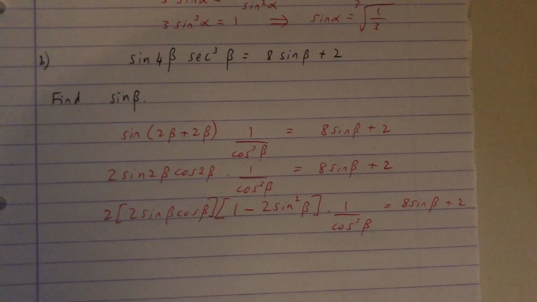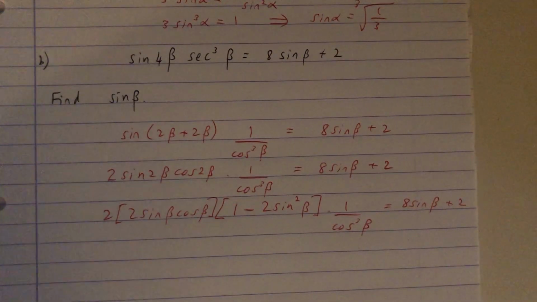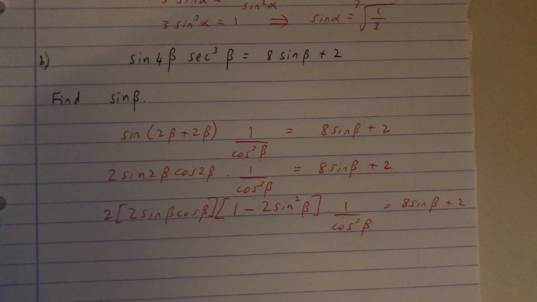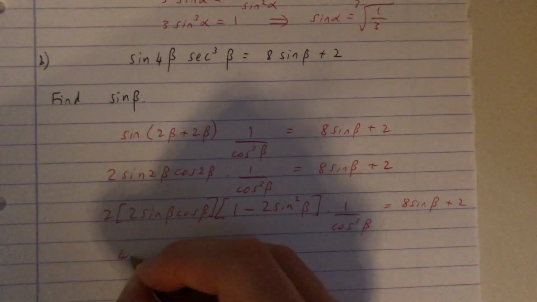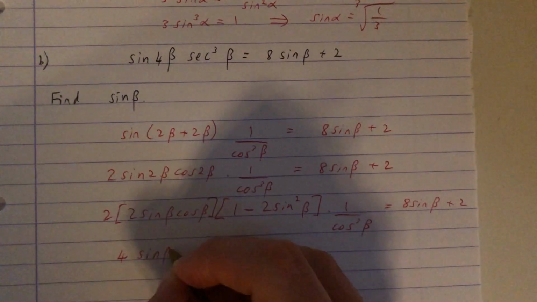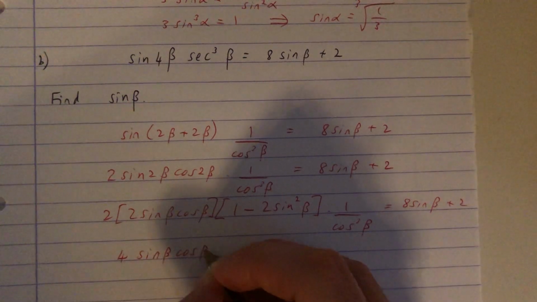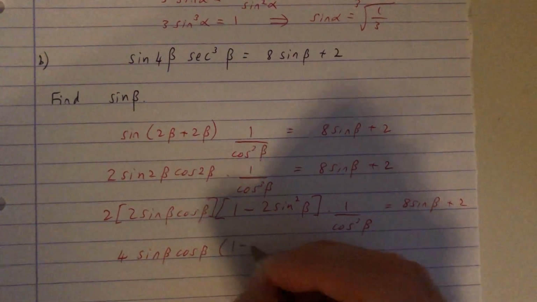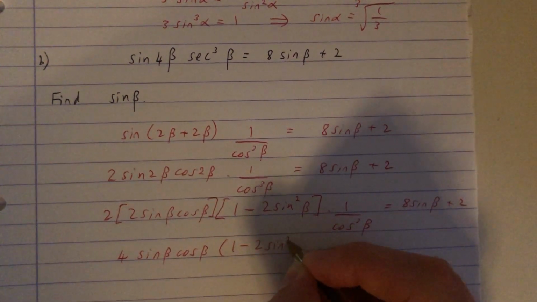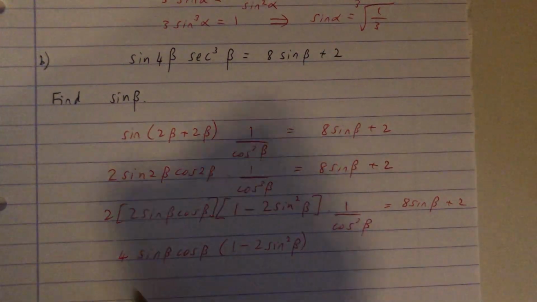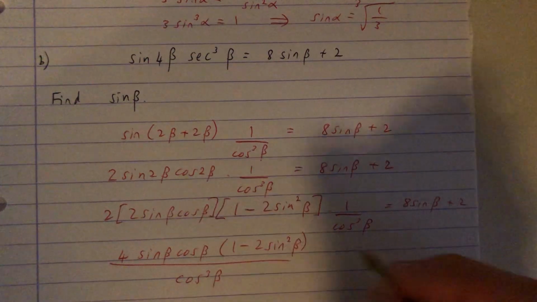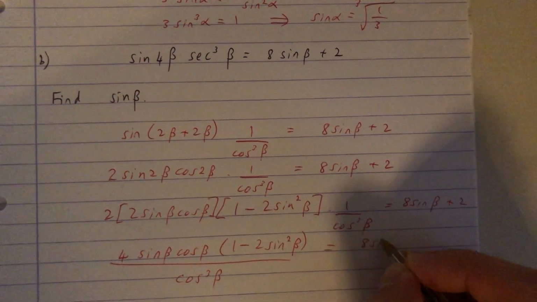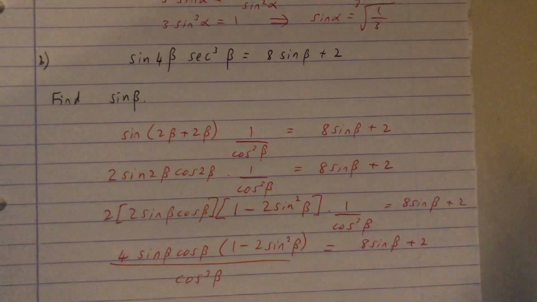Now, maybe tidy up the left-hand side a little bit. I'm not going to expand the brackets. I'm just going to write it as 4 sine beta cos beta brackets 1 minus 2 sine squared beta over cos cubed beta is equal to 8 sine beta plus 2.